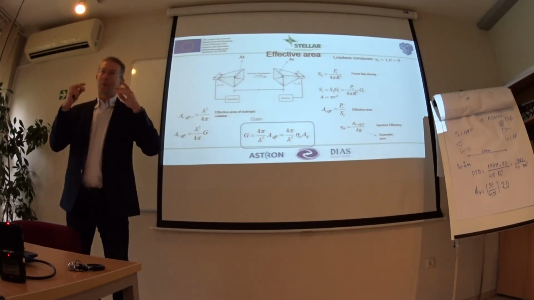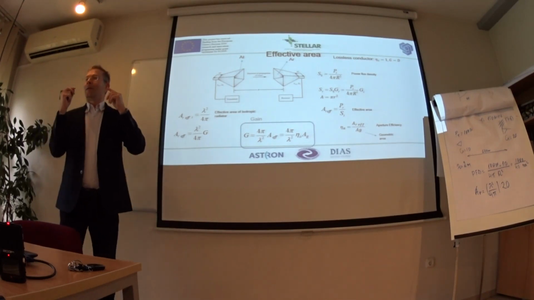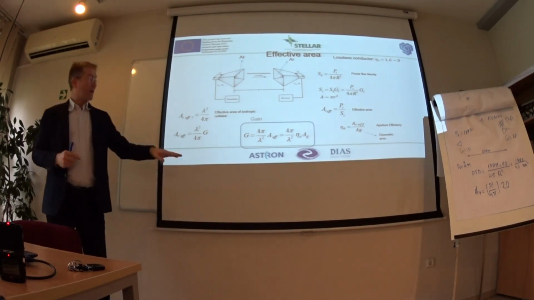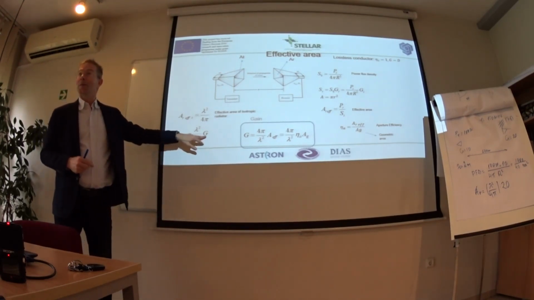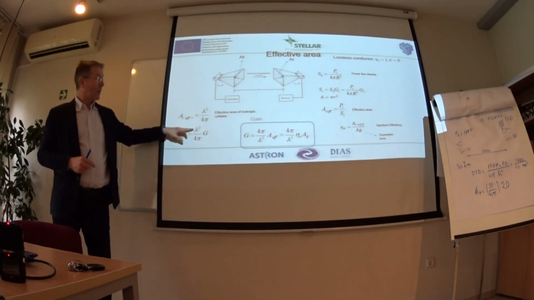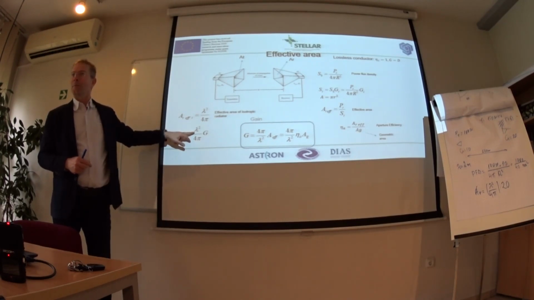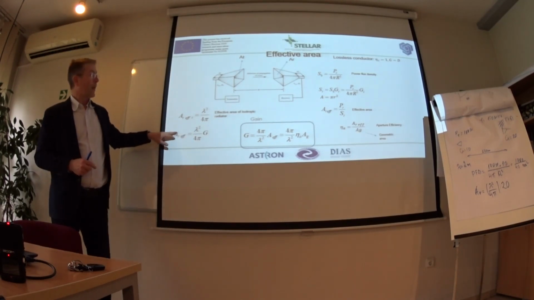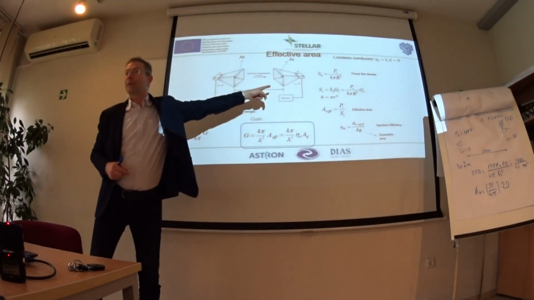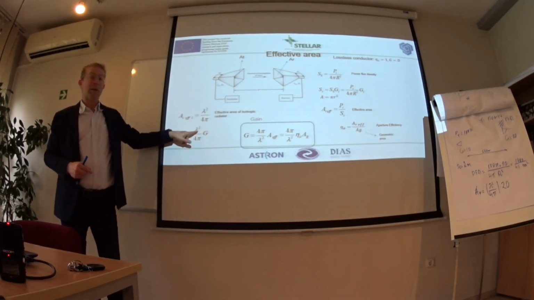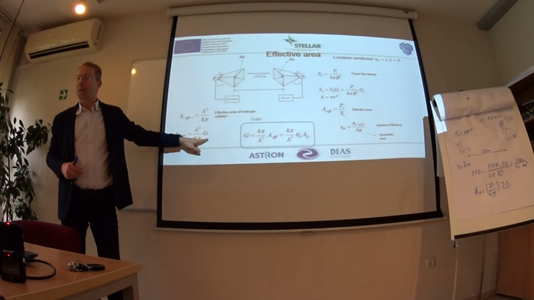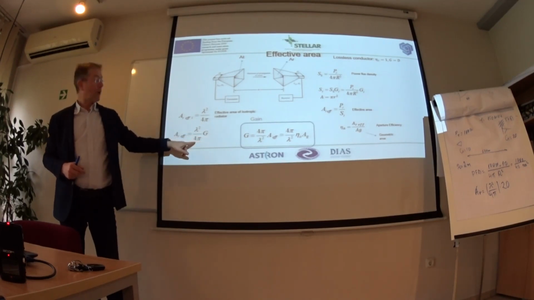And effective area, Weissman established that the effective area of the antenna is directly related to antenna gain and wavelength. So we estimate the effective area of the receive antenna as lambda squared times gain of the antenna over 4 pi.